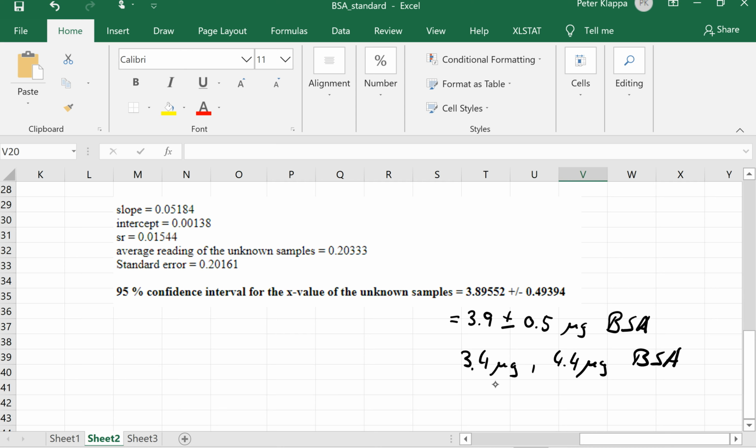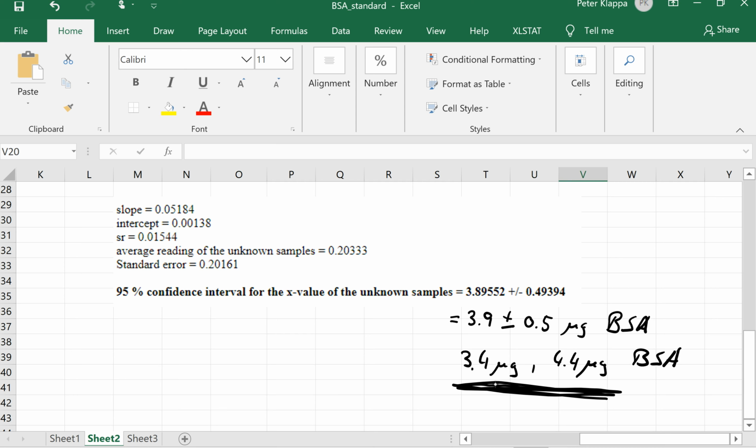That is our confidence interval, and we are fairly confident that if we did this experiment loads and loads of times, the true mean, the true value for readings when we did this experiment millions of times, would be somewhere between 3.4 and 4.4 micrograms.